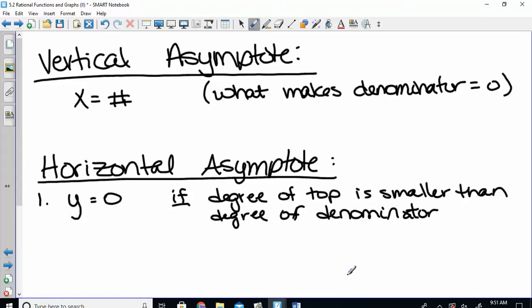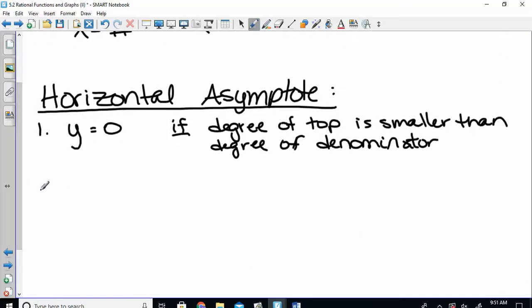So if it's like an x on top and an x squared on the bottom, or x squared on top and x to the 5th on the bottom, if the degree on top is smaller, it's just y equals 0.